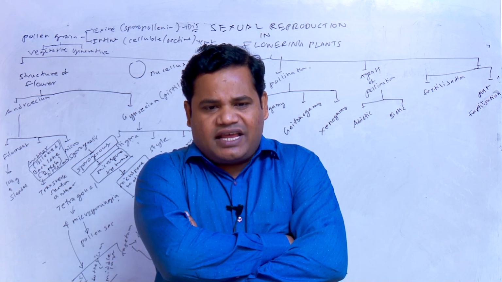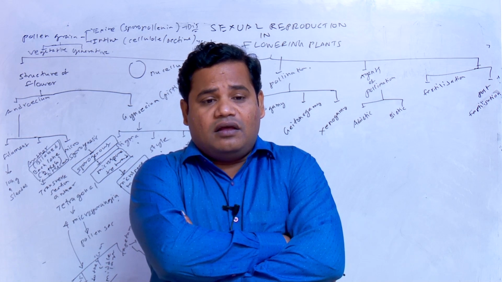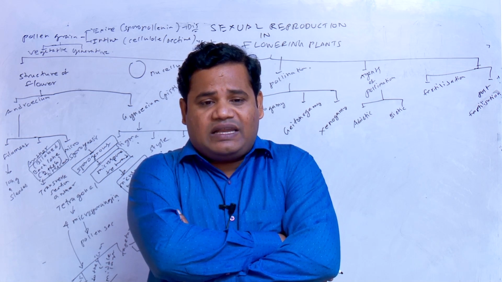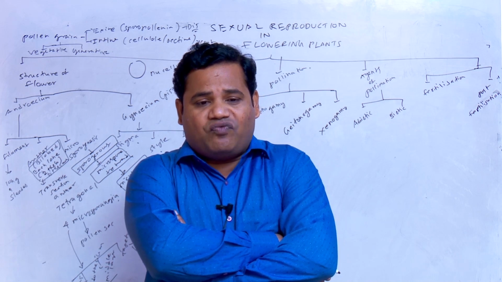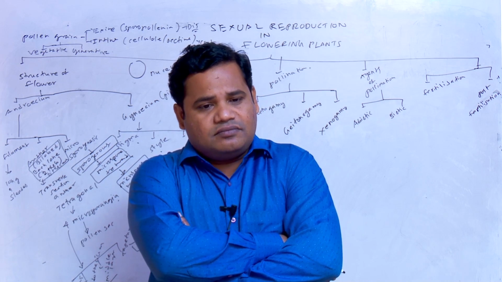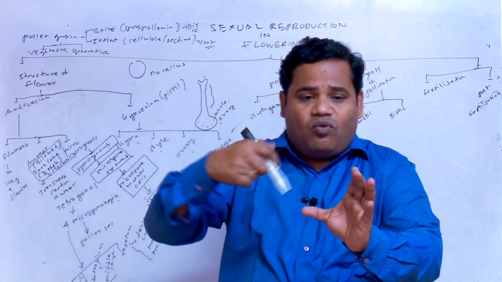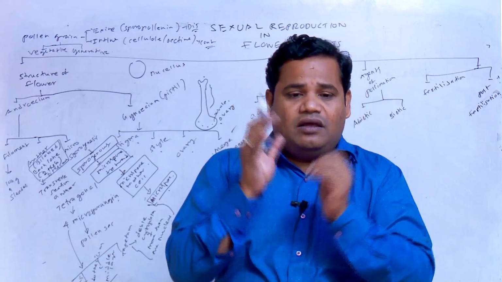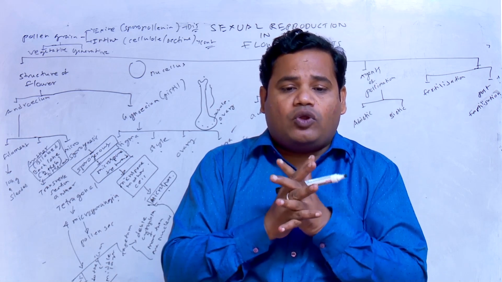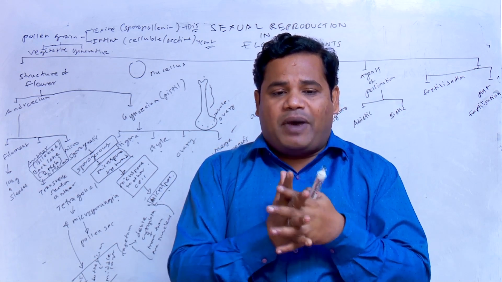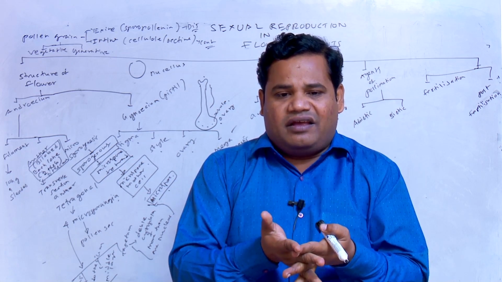After the 8 nucleate stage, cell walls are laid down, leading to the organization of the typical female gametophyte or embryo sac. Six of the 8 nuclei are surrounded by cell wall and organized into cells. The remaining two, the polar nuclei, are situated below the egg apparatus in the central cell.